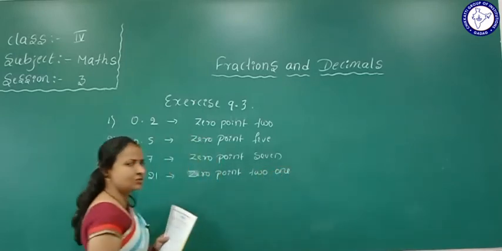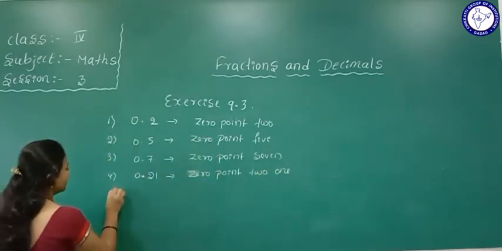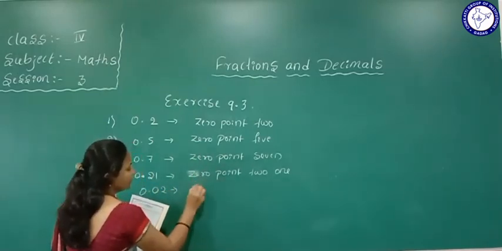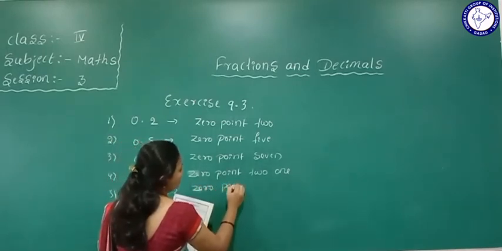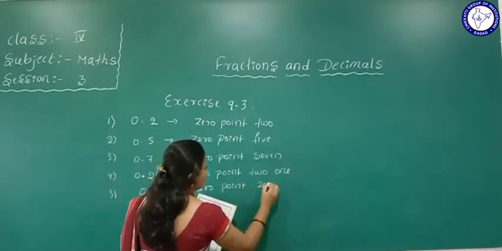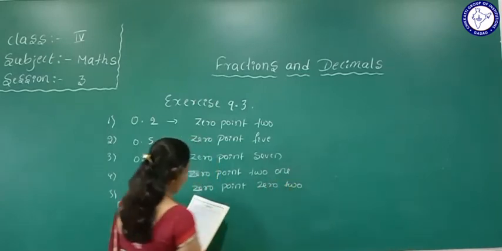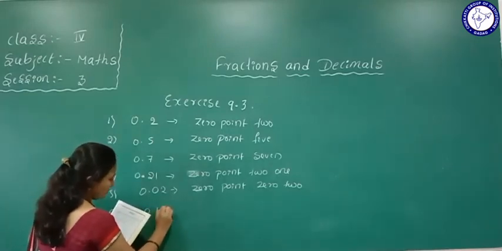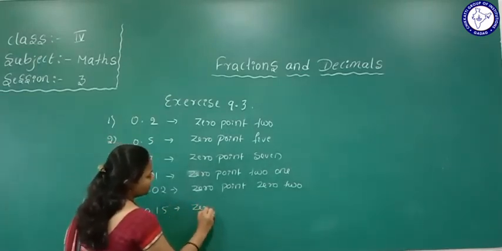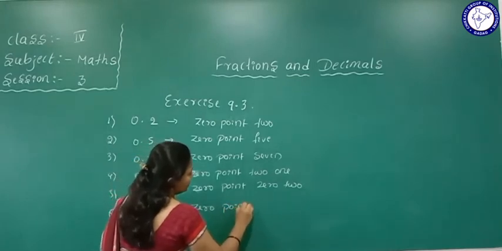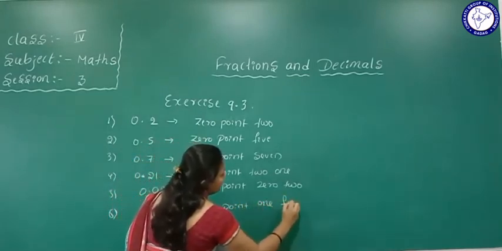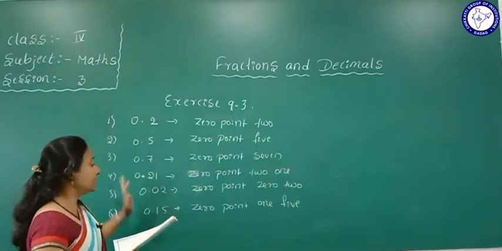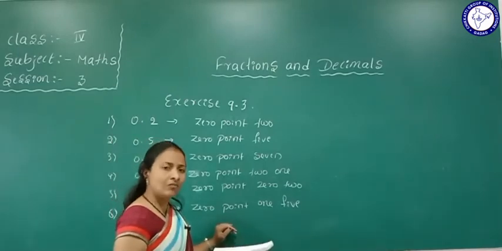Yes, writing form also see here, 21. Okay, reading. Next one 0.02. Okay, sixth one 0.15. Yes, this is decimal numbers reading and writing in the word form.